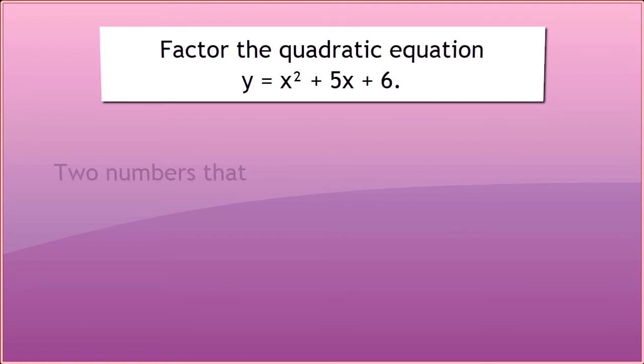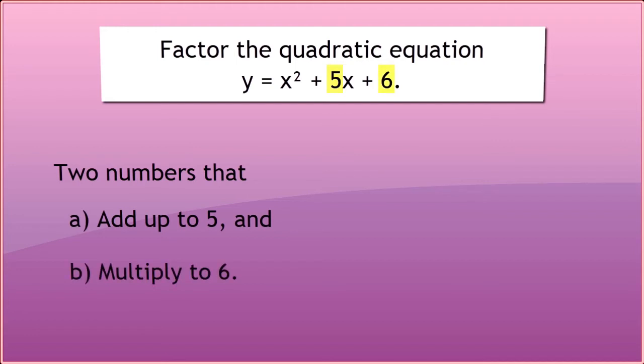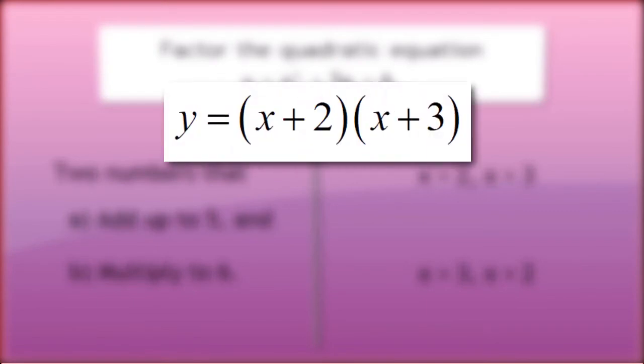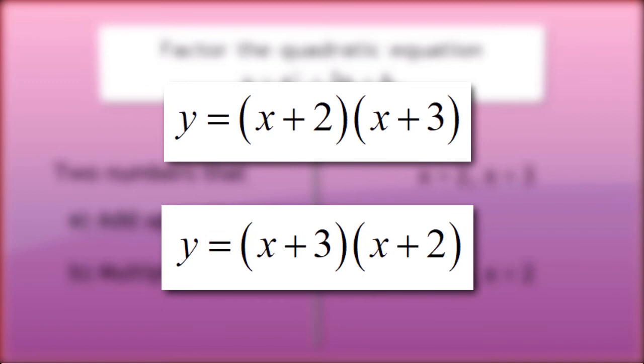We need to determine two numbers such that a, they add up to 5, and b, multiply to 6. The values 2 and 3 work. The order doesn't matter. We can then write out the answer, which is the function in factored form, as y equals (x plus 2) times (x plus 3), or in the other order, y equals (x plus 3) times (x plus 2).